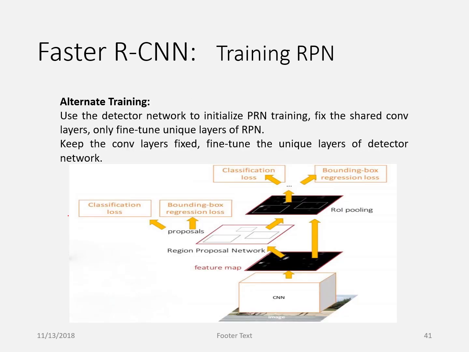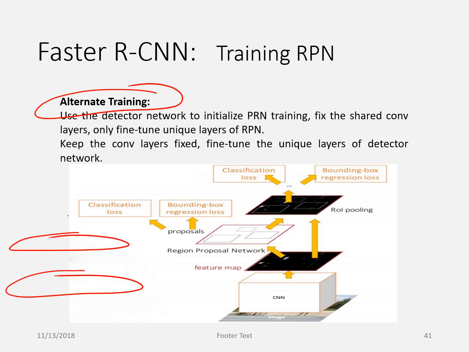With these parameters, the author has introduced three training methods for this network. First is the alternate training method, the others are approximate joint training and non-approximate joint training. But these two joint training methods have their own disadvantages because of the fixed weight proposal, and hence couldn't be implemented easily, so the author goes with the alternate training method.